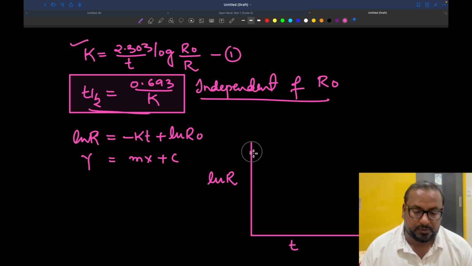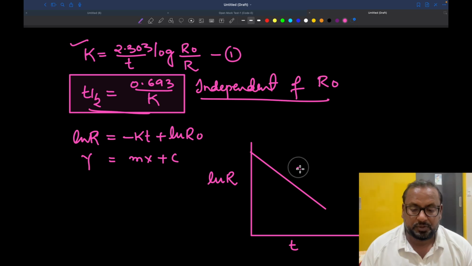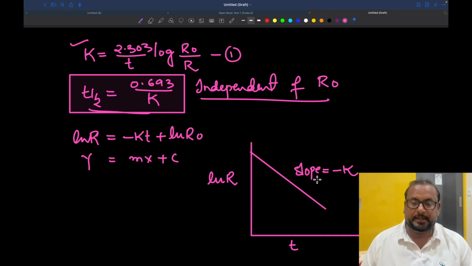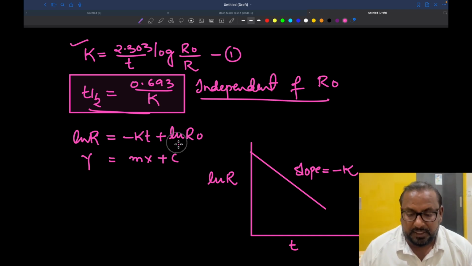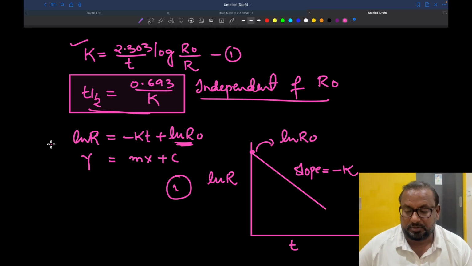The slope is going to be negative, so the slope of the equation equals minus k. The intercept is our ln R naught. So this is the first graph we have to study.